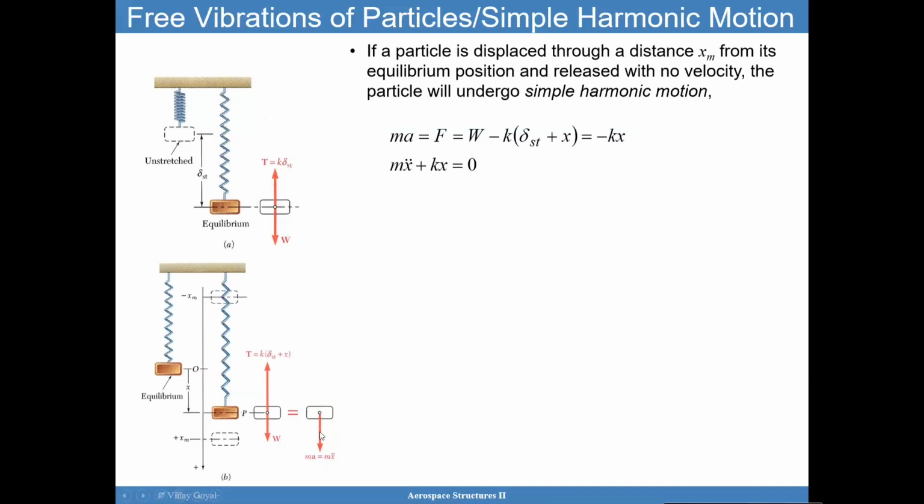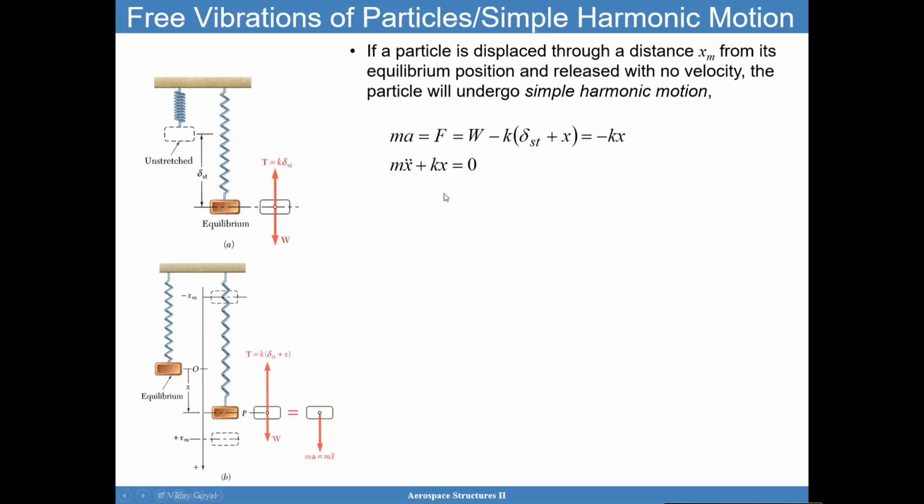So very clearly, m x double dot, or mass times acceleration, x being the position, and the second derivative of position is really the acceleration. So that's from basic physics. So I invite you to go back and review the physics class. This force, summation of forces, should be equal to ma. And so this is what's in equilibrium.